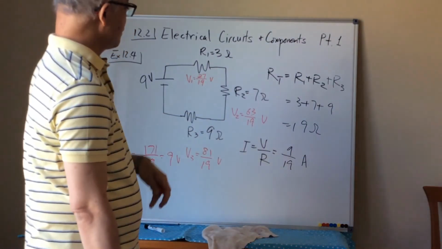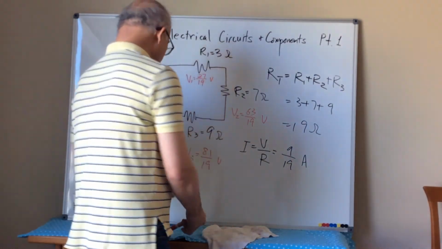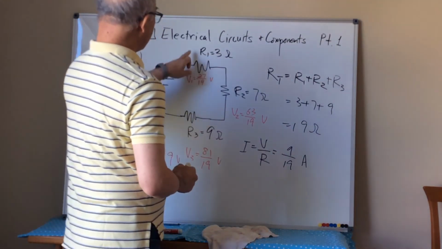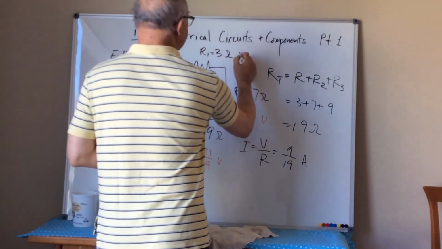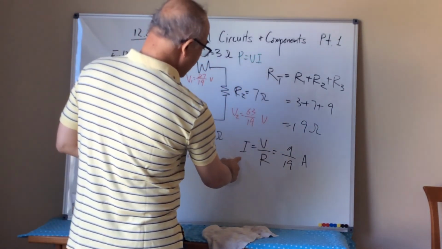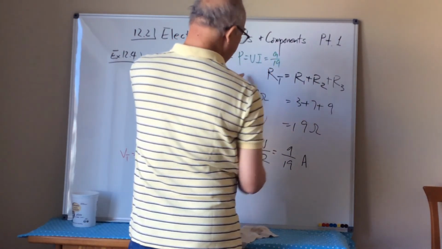Okay? So because of this, now I can go ahead and ask you questions like, what is the power? How much power did I use in R1, right? So how would I do that? The power that I use here is power equals V times I, where I was 9 over 19, right?